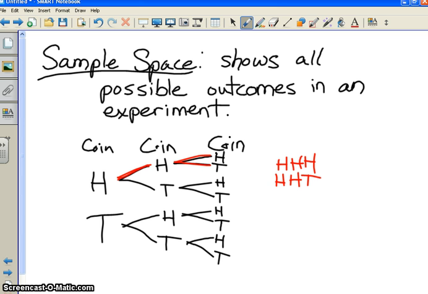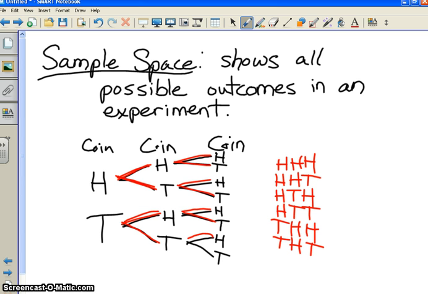I've got a third outcome that goes heads, tails, heads, a fourth outcome that goes heads, tails, tails. Then my other outcomes, tails, heads, heads. Tails, heads, tails. Tails, tails, heads. And tails, tails, tails. So I would have 8 outcomes to this experiment.